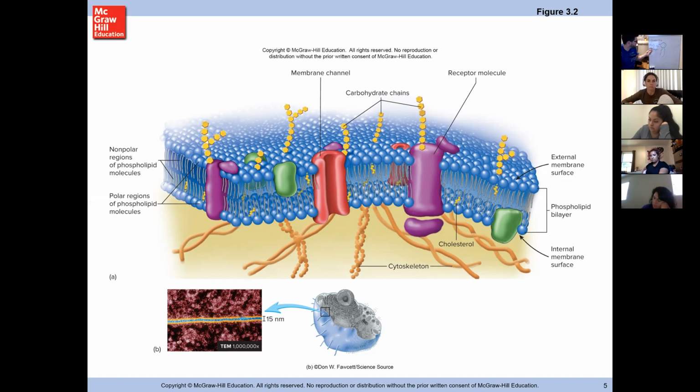These are polar elements. But then we've got our hydrocarbon chains down here that are nonpolar.